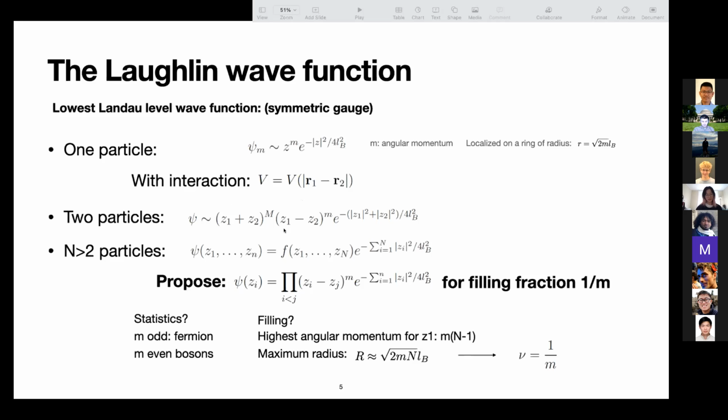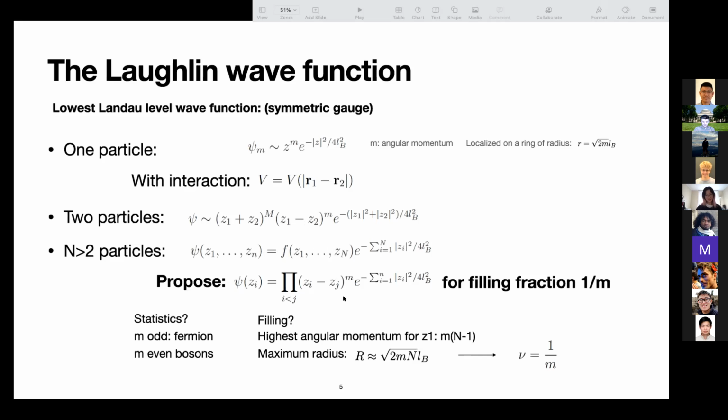In general, for n particles it's impossible to solve this Hamiltonian and write down the ground state wave function, but we know that it should be of this generic form, with a holomorphic function that depends on z1 to zn, and it should be anti-symmetric because we're considering fermionic systems. Motivated by this two particle function, this (z1 minus z2) to the m seems very cute.